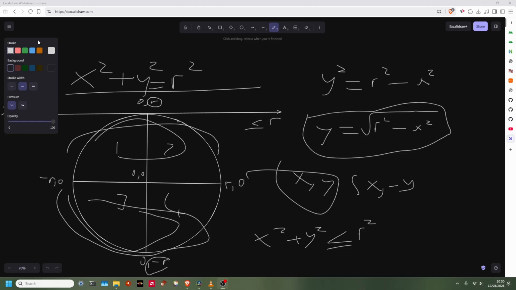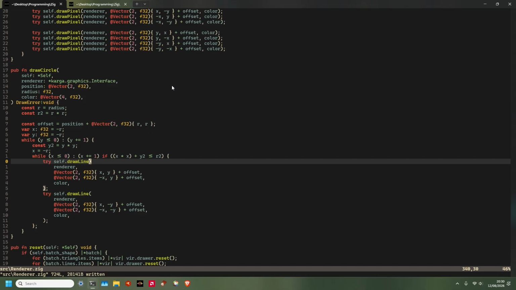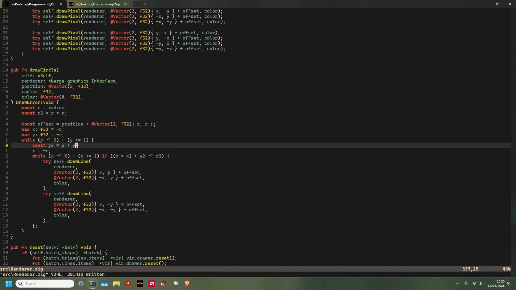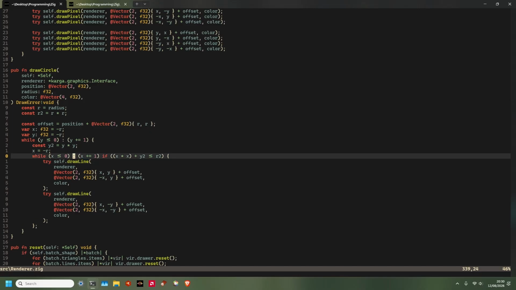Okay, so quick interjection here. I kind of didn't explain something in this draw circle algorithm. We are using draw line, but we are still drawing quite a lot of pixels. We are still drawing almost every iteration, as long as this condition is met, right?